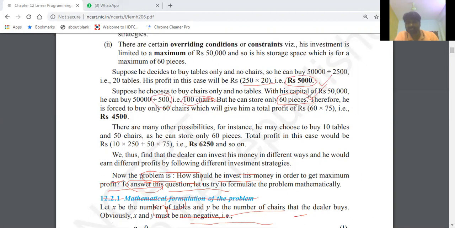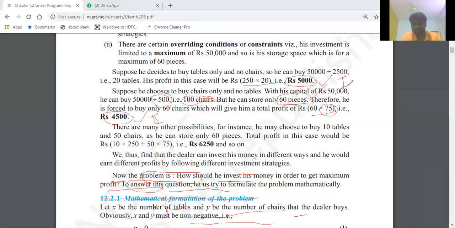Okay, 60 chairs only you can purchase. Then 60 into 75, because 75 is the profit from selling every chair. 60 into 75, how much did you get? 4,500. This is the second case.